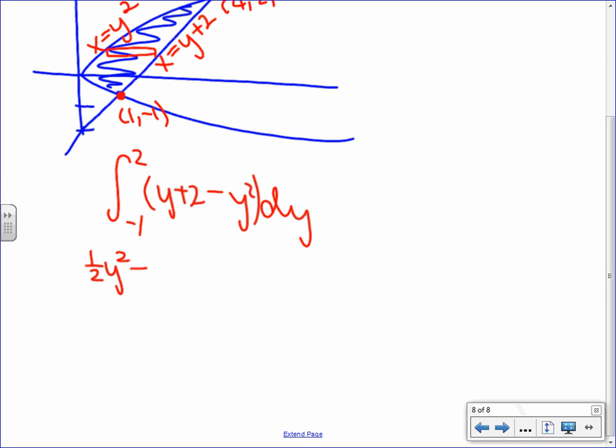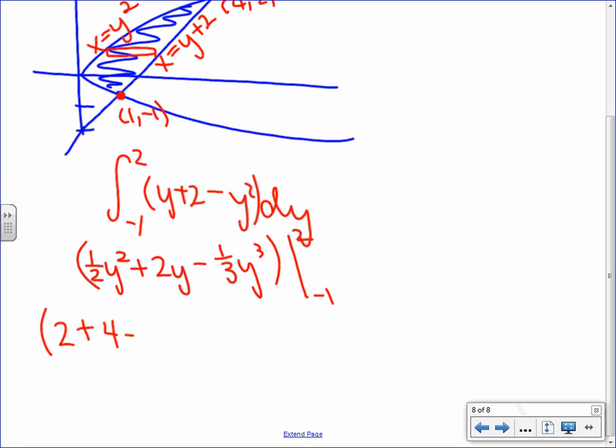Plus, minus 1/3 y cubed. So now, 1/2 times 2 squared plus 2 times 2 minus 1/3 times 2 cubed is 8/3, minus 1/2 times -1 squared plus 2 times -1 minus 1/3 times -1 cubed, plus 1/3.